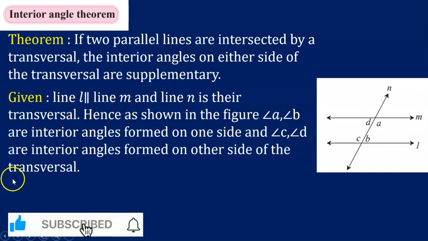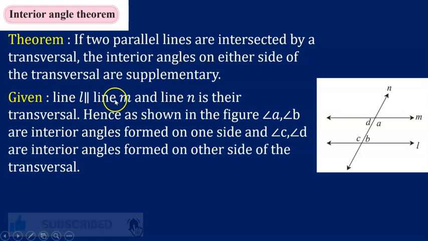That is why we write in the given: line L is parallel to line M, and line N is their transversal. As shown in the figure, angle A and angle B are the interior angles on one side, and angle C and angle D are the interior angles formed on the other side of the transversal. This we describe in the given.